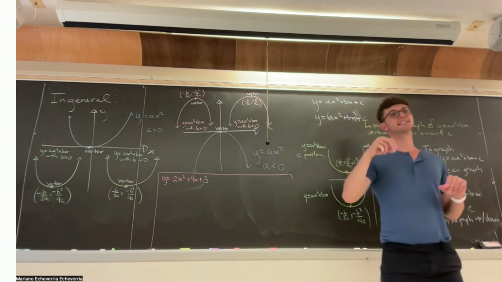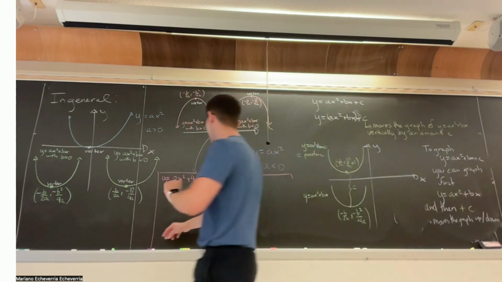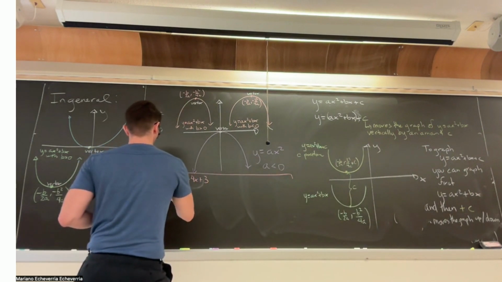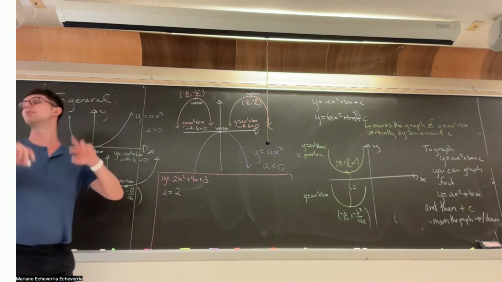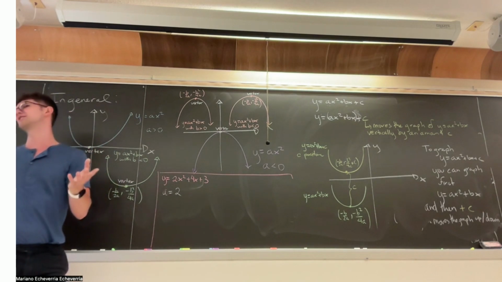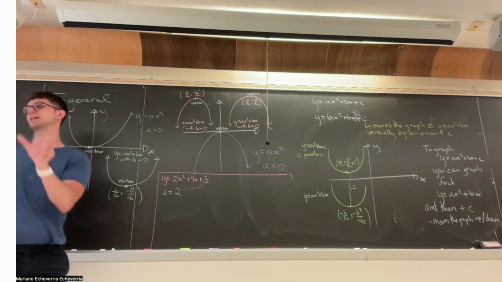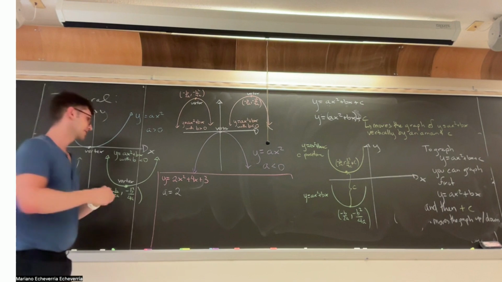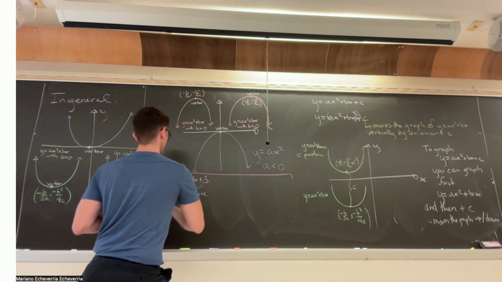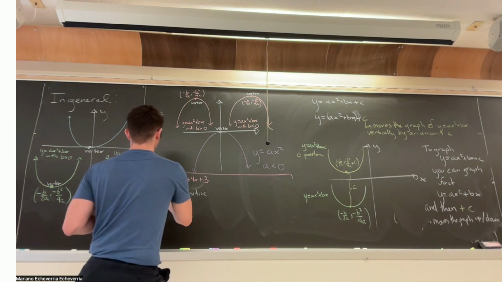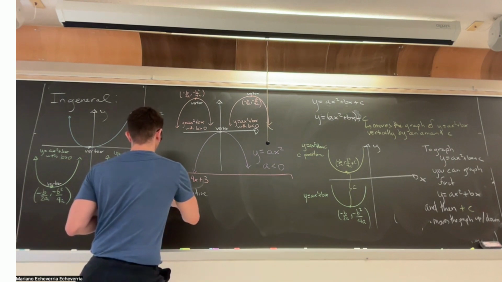The first thing I do is read off a. In this case a is 2. I don't care that it's 2, I just care that it's positive. Positive means it's going to be concave up, so it's smiley. So it's going to be a concave up or happy parabola.